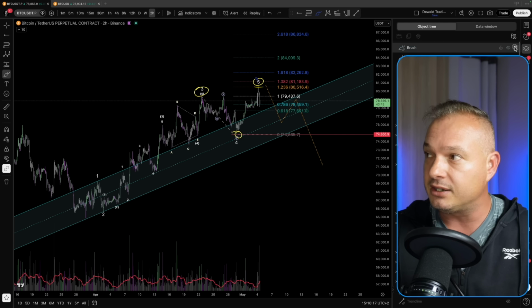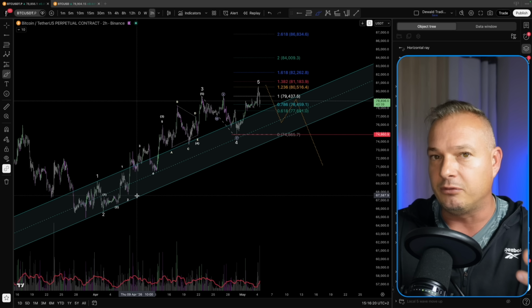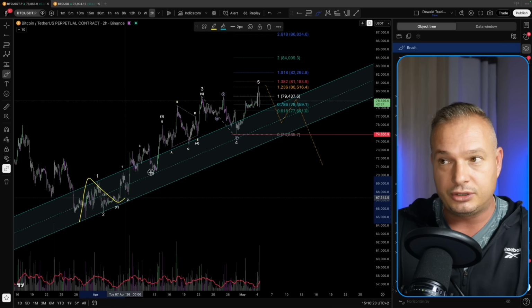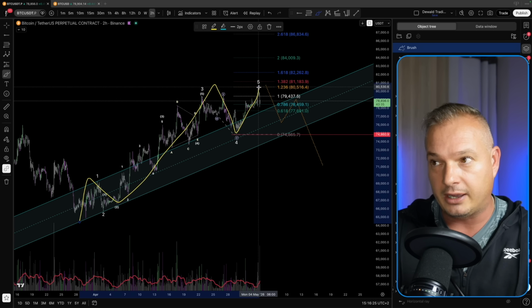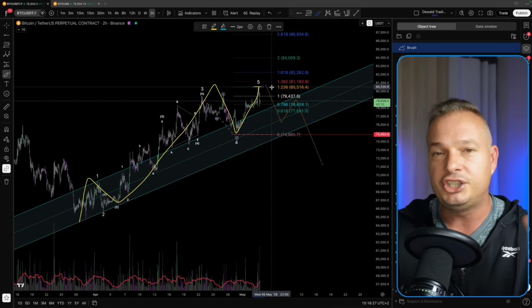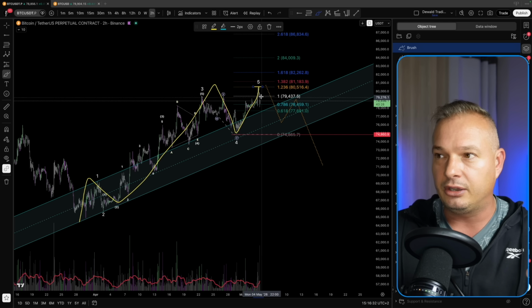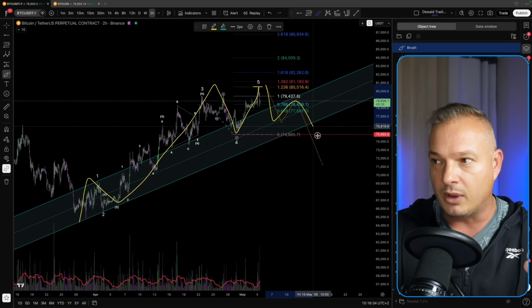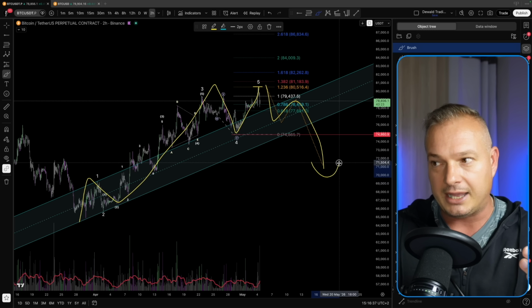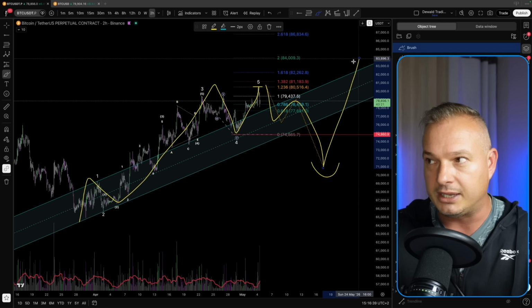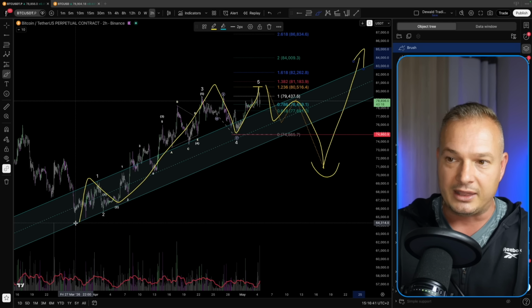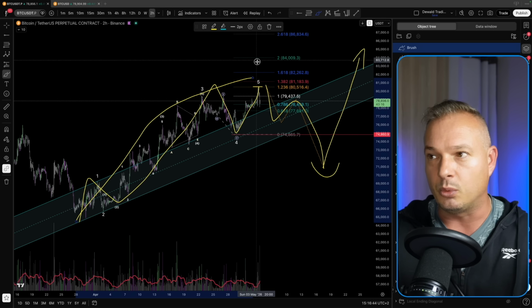Okay, but in this scenario, I can already see 5 waves to the upside. 1, 2, 3, 4, 5. The fifth wave did reject at a fifth wave target. So best case scenario is that price forms a 3-wave corrective structure. It creates the higher low for continuation back to the upside, where this entire structure basically becomes a wave 1.